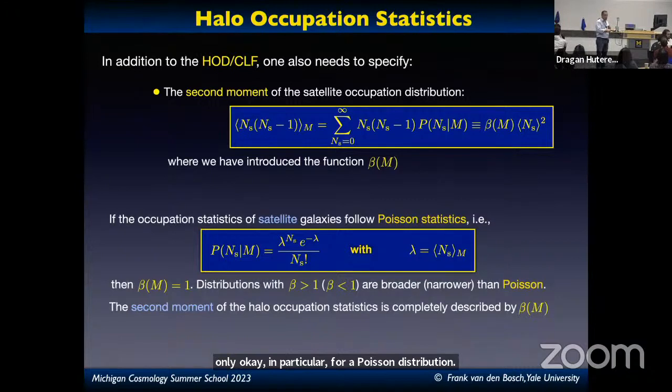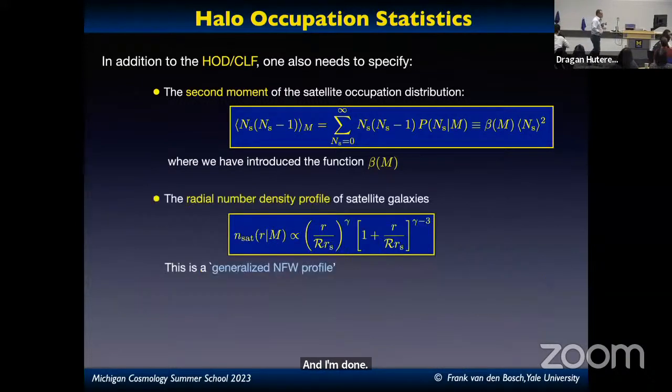In other words, beta is 1. Most people assume that the number of satellites obeys Poisson statistics. Is that reasonable or not? We'll come back to that in a minute. If they assume Poisson statistics, they are saying beta is 1, meaning the number of pairs is just the first moment squared, and I'm done.